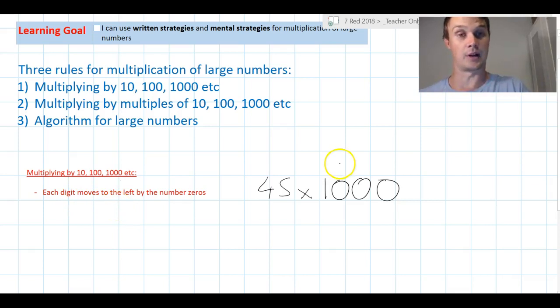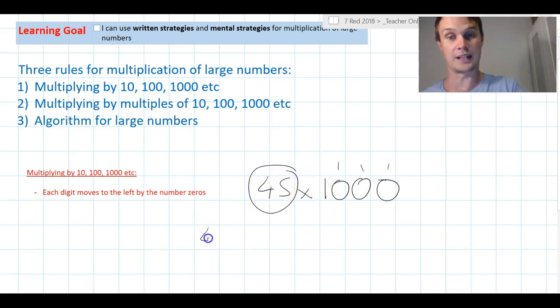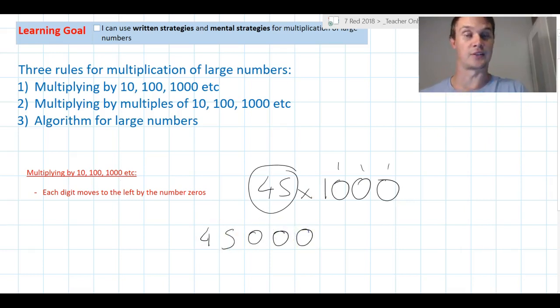In this number I have 1, 2, 3 zeros. So this 45 will just need to move to the left of these 3 zeros. So really the answer is 45,000. You just write the number and then write how many zeros occur after that. So that's when you're multiplying by 10, 100 or 1,000.